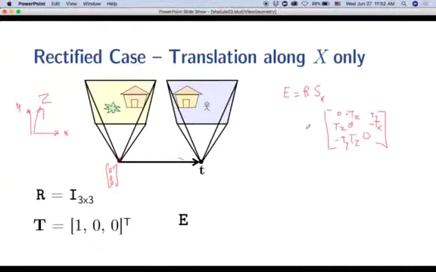So really my Tz and Ty are 0, and I have minus Tx here, and this should be skew symmetric. So minus Tx and Tx here, and Tx is really 1, and then Ty and Tz are 0. So E has this form.